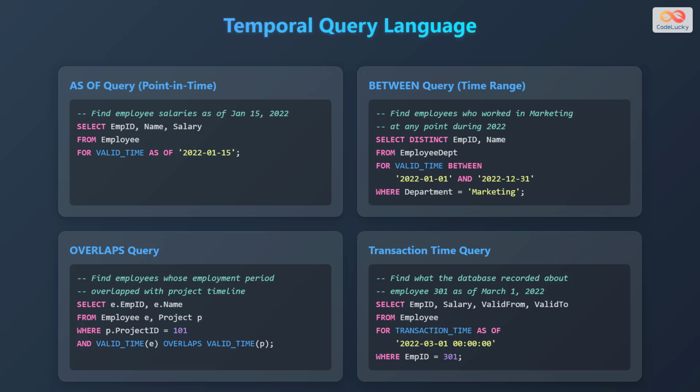This example finds employees who worked in marketing at any point during 2022. Third, an OVERLAPS query finds data where time periods overlap. This example finds employees whose employment period overlapped with a project timeline. Finally, a transaction time query retrieves data as it was recorded in the database at a specific time. This example finds what the database recorded about employee 301 as of March 1, 2022.